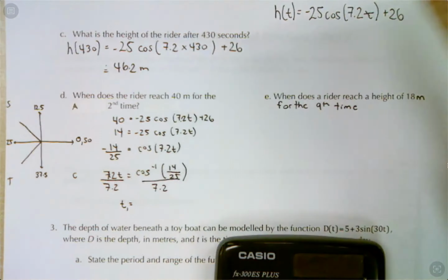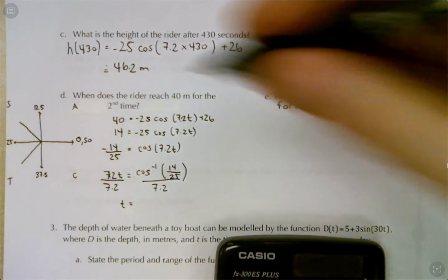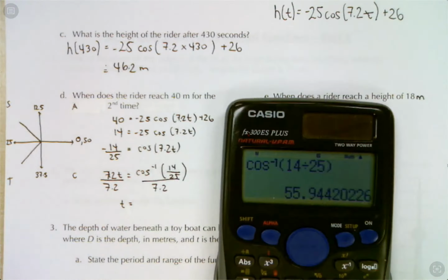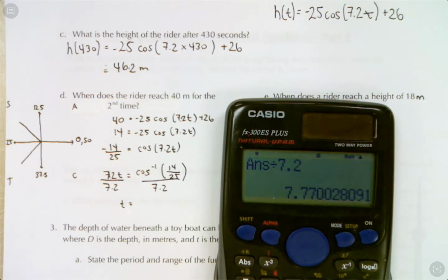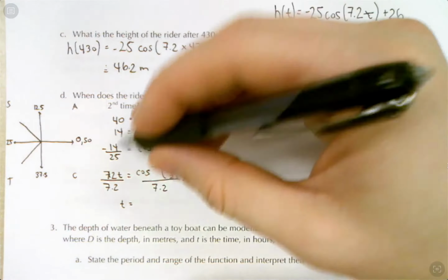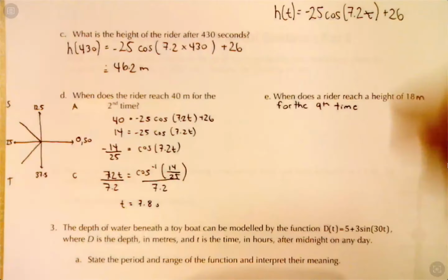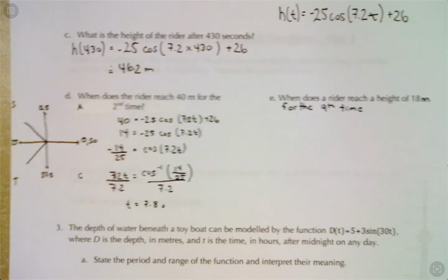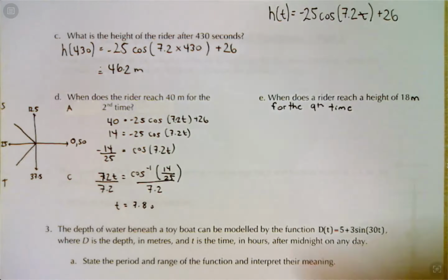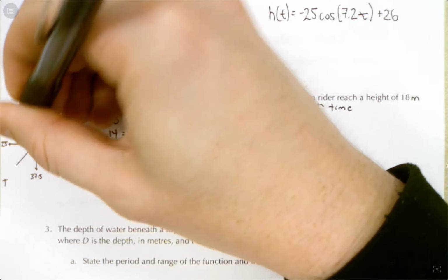So back to my calculator, divide by 7.2, we get 7.7 seconds. I'll call it 7.8. And this time goes on our diagram as the related acute angle, in this case the related acute time. So it would go here and here.